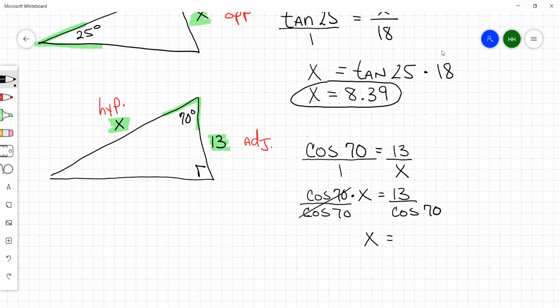So now your calculator operation is 13 divided by 70 and the cosine button and equal sign. 38.01. A little better understanding on that second problem? Let's do one more.